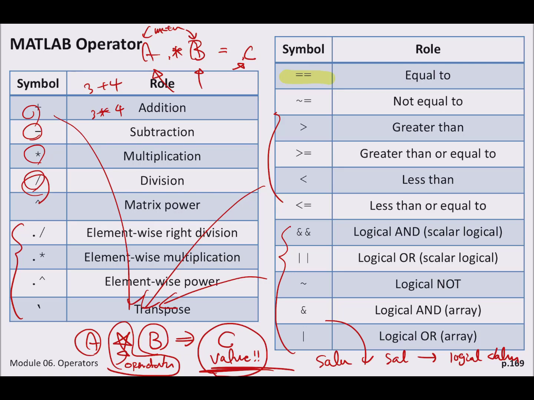That's the predefined operation in MATLAB. This module shows what operations are conducted for different combinations, how we can use those operations, and why they're useful. That's the objective of this module.